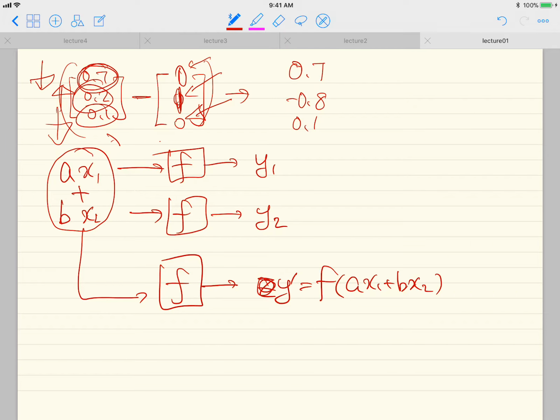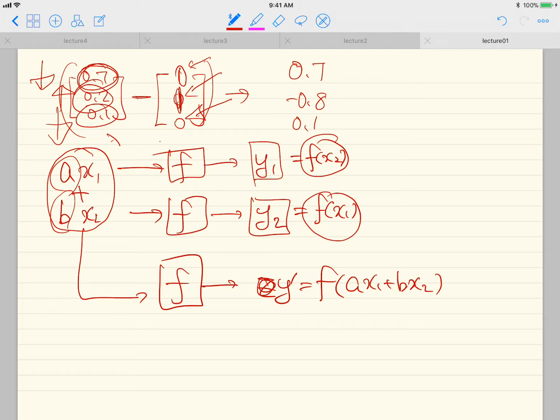In this case, we also have the function outputs from x1 and x2 individually, so we have these two outputs. We first take the linear combination of the inputs and then pass it through the function. Alternatively, we obtain the outputs from the individual inputs and then linearly combine them later.